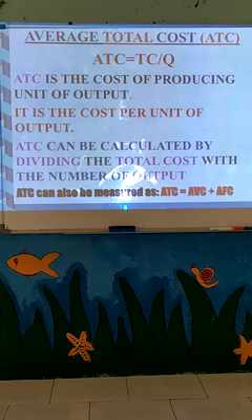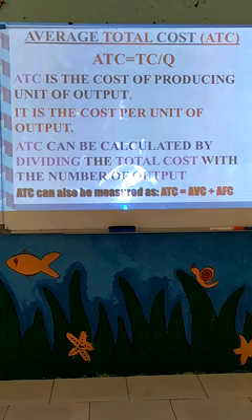Next we are going to see the total cost. When we divide the total cost by quantity, we will get the average cost or average total cost. Generally we will say AC or average cost. This is the formula: ATC or AC is equal to TC over quantity.